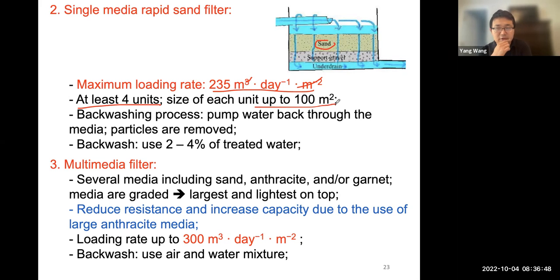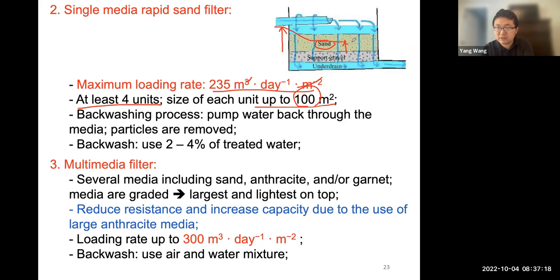Then you might wonder, why do we have a constraint on the maximum surface area? The main consideration is that if you have a very large sand filter, then the distribution of the sand is not going to be uniform. There's going to be a location where we have a thicker layer of sand. There's going to be a location where you have, let's say, a shallower distribution of sand, right?